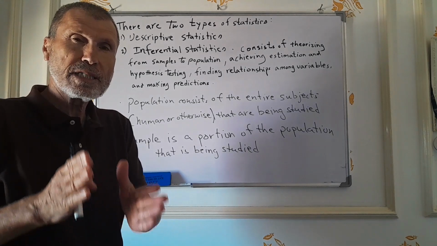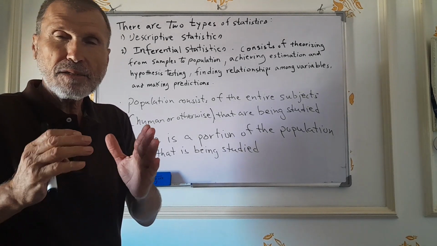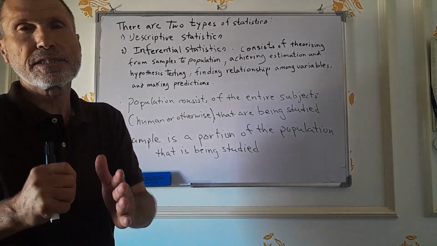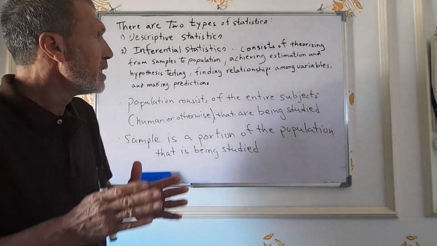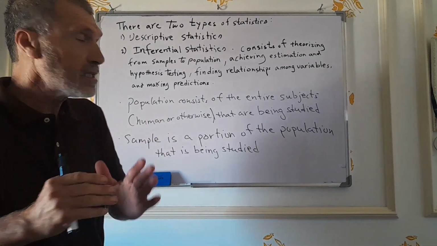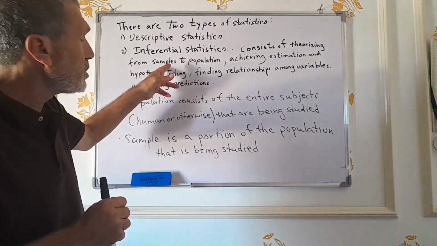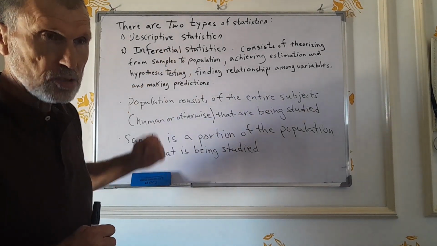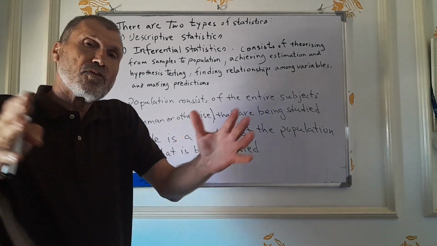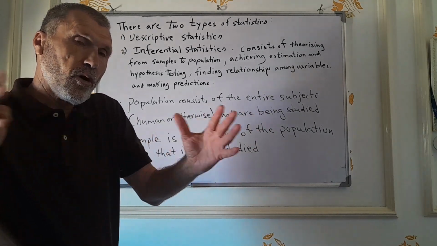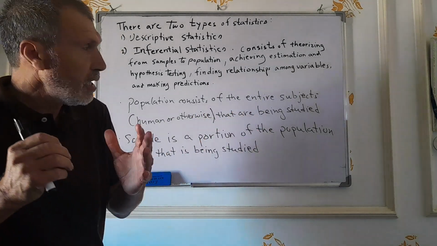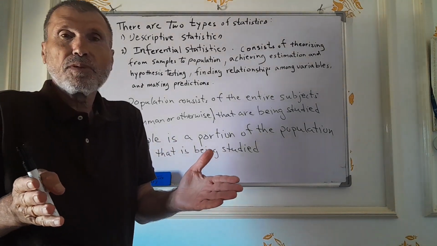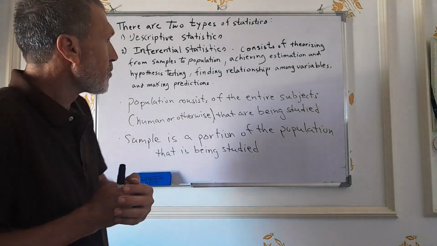Once the sample is properly selected, then most of the time it will have similar characteristics as the population, and it will be used by the statistician to make inferences about the population. So the population consists of all the subjects that are being studied. The subjects can be human or otherwise.